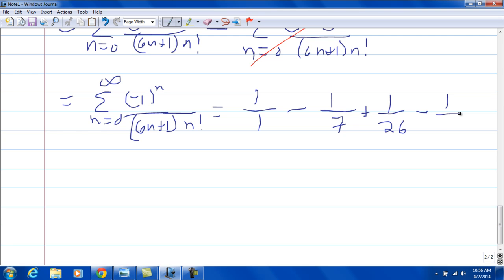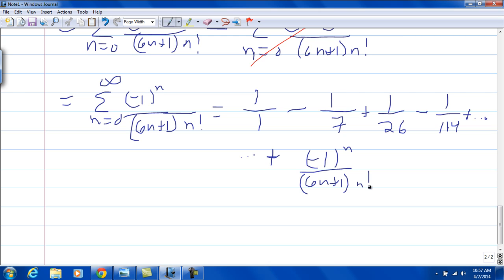I should have been able to do that in my head. 114 plus dot dot dot plus 1 over, negative 1 to the n over 6n plus 1 times n factorial.